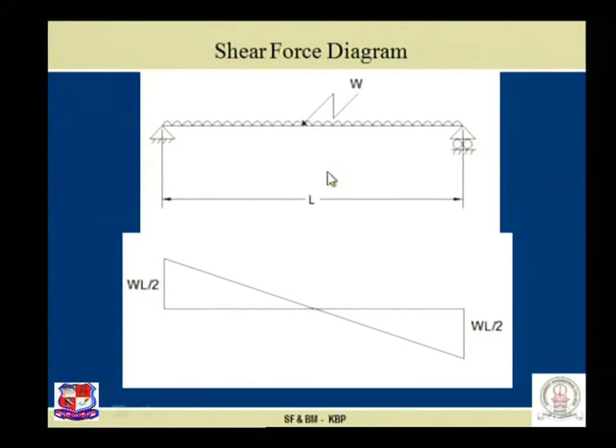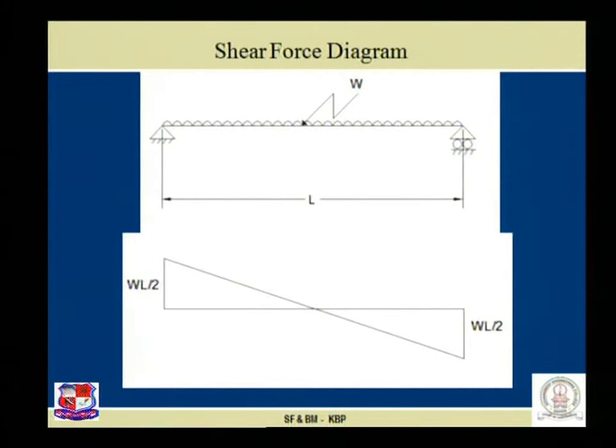So the two important points that we observe over here, our observation. First one, as I discussed in problem number 1, reaction at support of a simply supported beam gives the direct value of the shear force at that particular point. When there is a UDL, the variation of shear force is given by an inclined straight line.